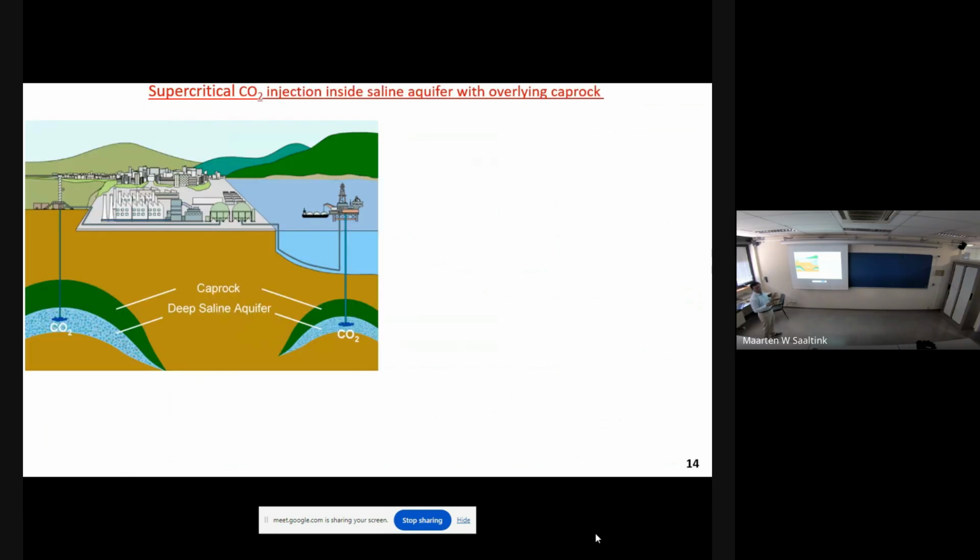Another interesting problem we solved much after that was CO2 sequestration, dissolution trapping in a saline aquifer. This is a typical reservoir they look for, with a cap rock, and the formation will be this way. CO2 will be injected somewhere in that aquifer with high permeability.